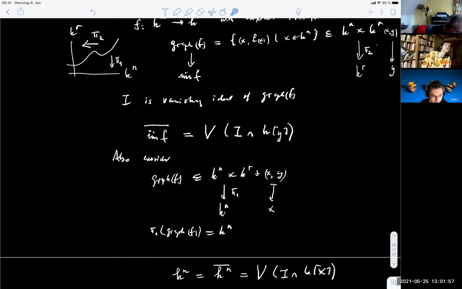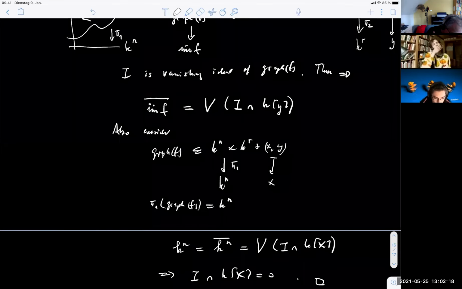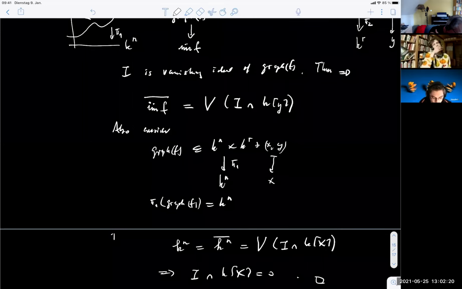This is the theorem. I applied the theorem, the one that gives me the geometric interpretation of elimination ideals. I proved that and I just applied it. Here I applied the theorem twice, for both projections.